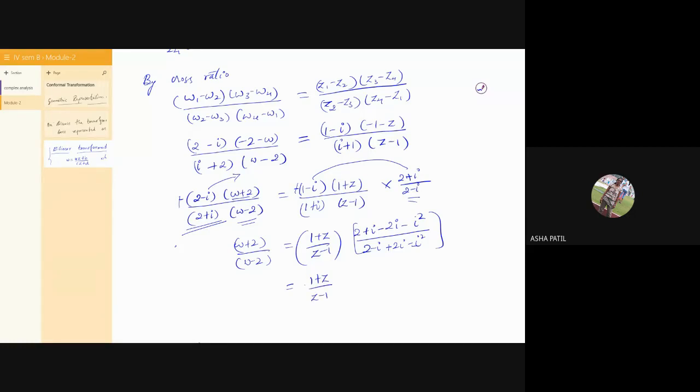(1 plus z) upon (z minus 1) into, do we have any simplification here? i square is minus 1. Minus minus becomes plus. Minus i minus 2i will be minus i, and i square is minus 1.